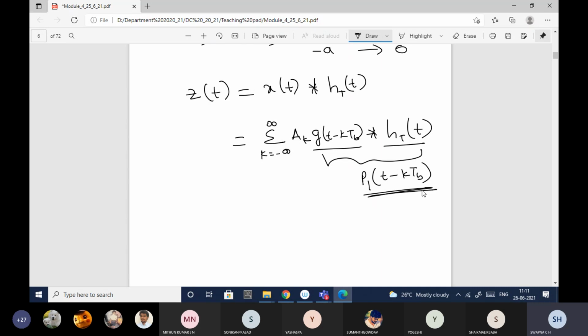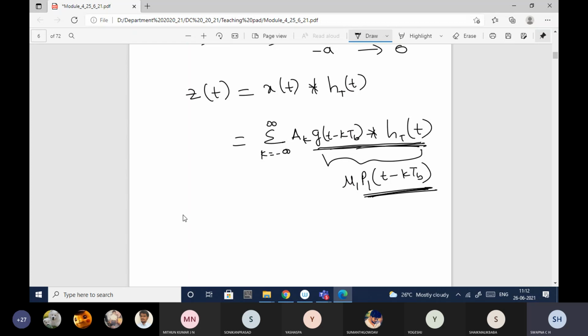You can write anything, but I am following a standard book. It may also have a scaling factor, so g of (t minus kT_b) convolved with h_T of t gives mu1 p1 of (t minus kT_b), where mu1 is some scaling factor, the amplitude of this pulse. What mu1 is, and what p1 is, I don't know yet.